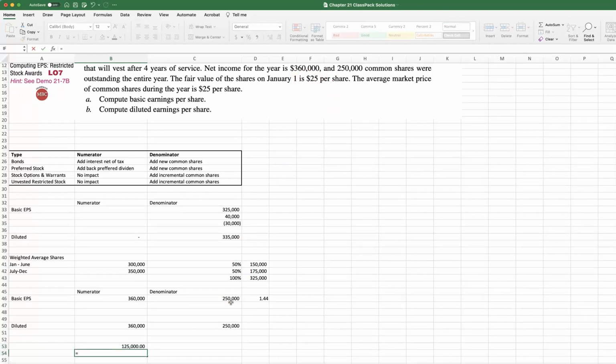And it's 3/4, right? Let's take this number, divide it by 4, and multiply that times 3. All right, so that means I've got roughly $93,000 over the next 3 years.